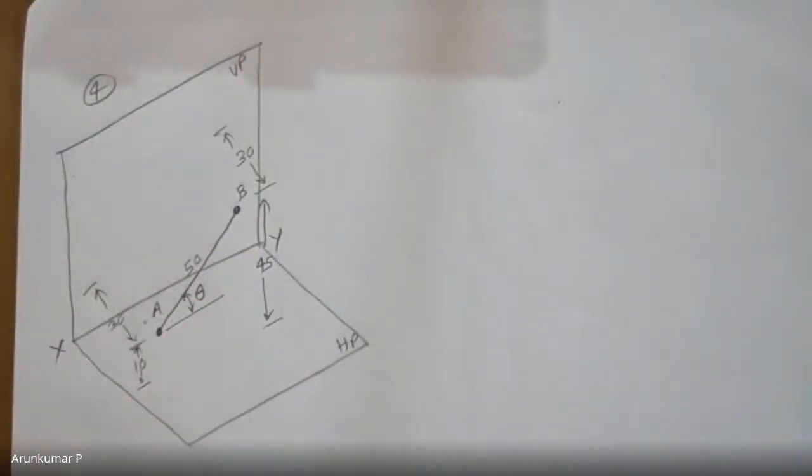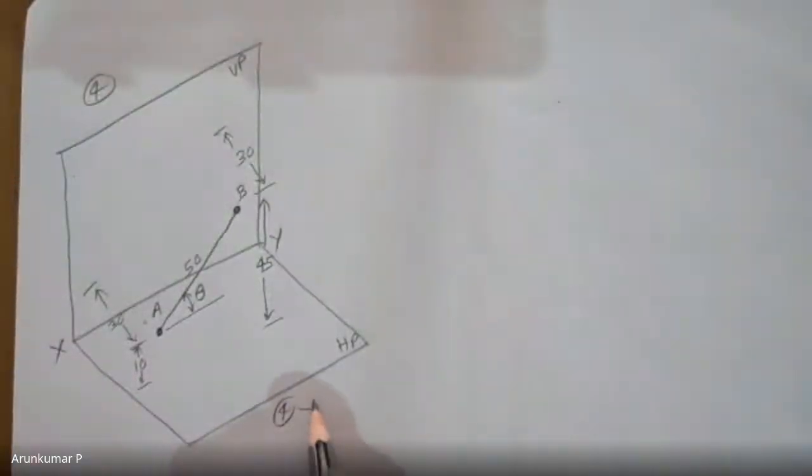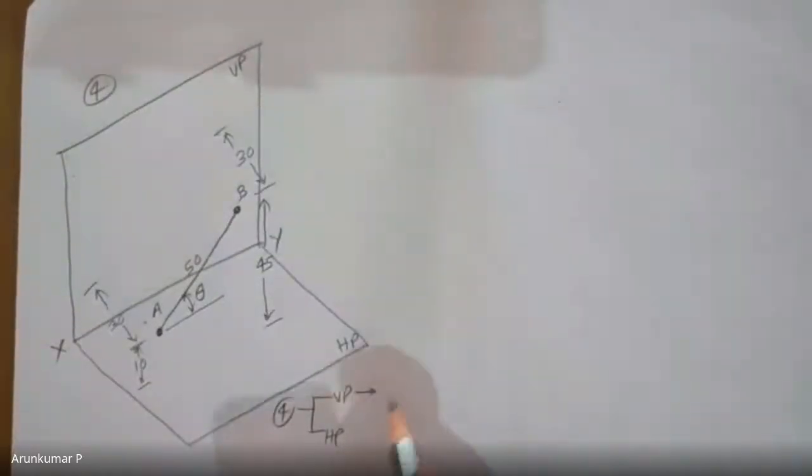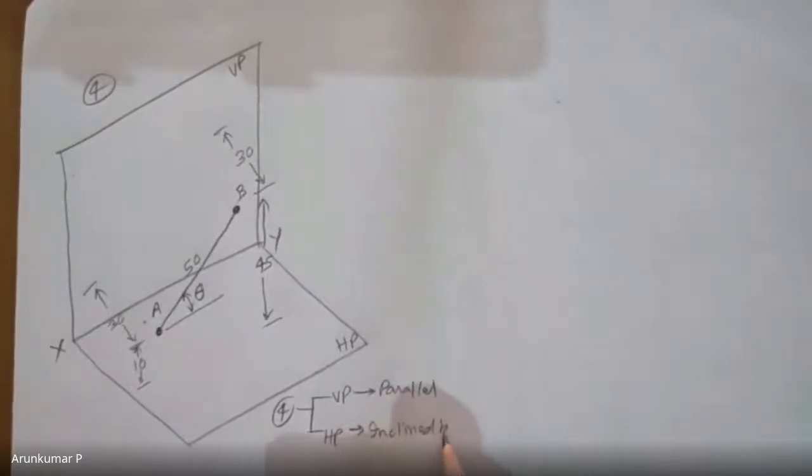So the condition here is like this. Case 4, VP and HP. So the line is parallel to VP. However, the line is inclined to HP by an angle theta.